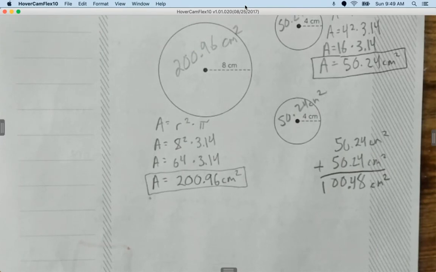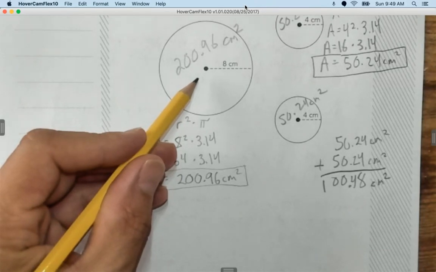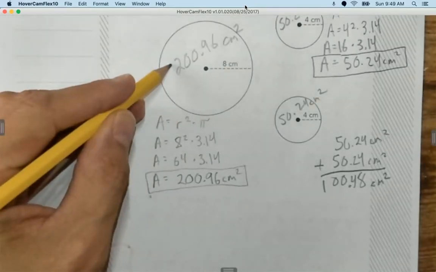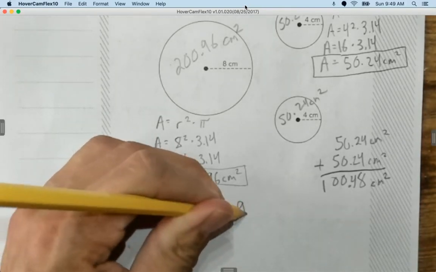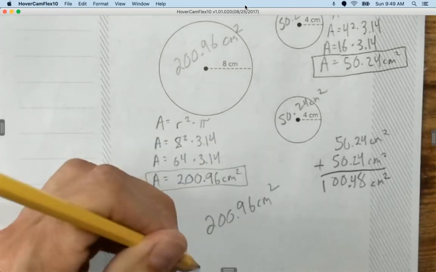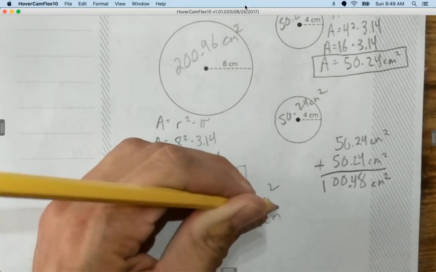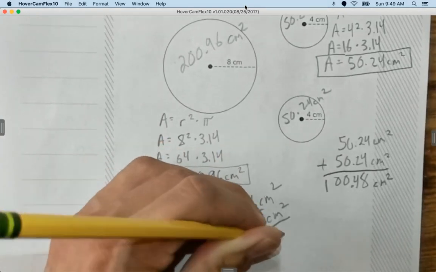And so if I compare the two, well, this is still double this. In fact, if I took 200.96 centimeters squared and subtracted the 100.48 centimeters squared, I would get exactly 100.48 centimeters squared.